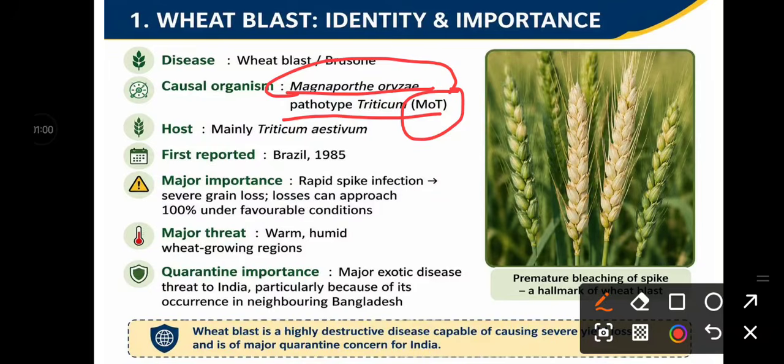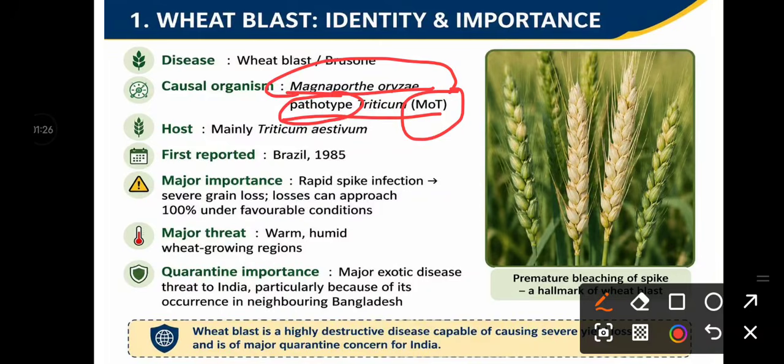But over time the pathogen underwent evolution and produced a new pathotype that acquired the ability to infect the wheat plant. So this new pathotype is known as Magnaporthe oryzae pathotype Triticum, MOT.